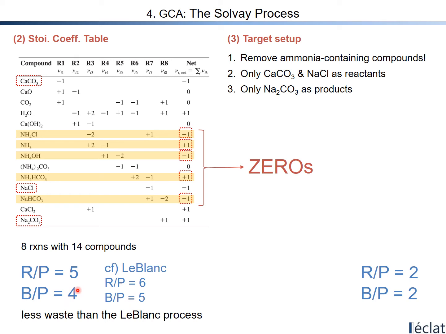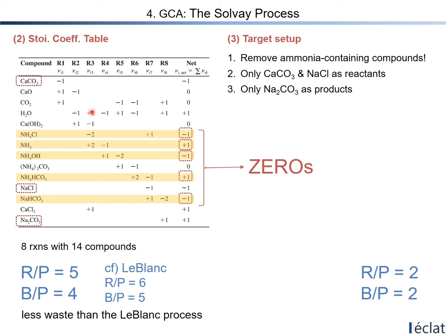Again, the Solvay process is better than the Leblanc process when we are thinking about the RP ratio in terms of reactant and BP ratio in terms of byproduct. Okay, so right now we have a better process, which is the Solvay process. But still, we have an opportunity and chance to improve the Solvay process by designing those equations.